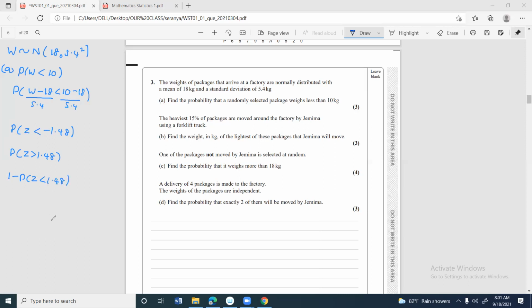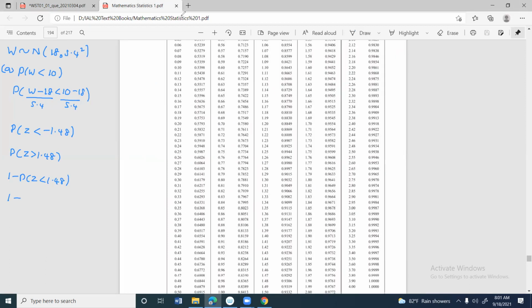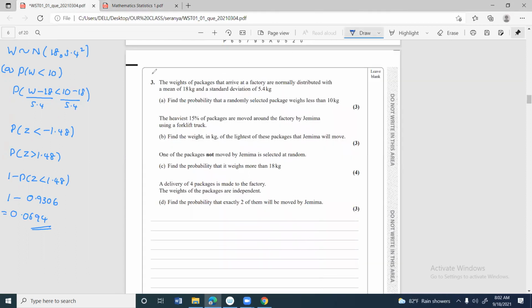So with this, you can read it from the table. 1.48 is 0.9306. 1 minus 0.9306, that answer becomes 0.0694. That is the answer for that one. That's pretty simple.